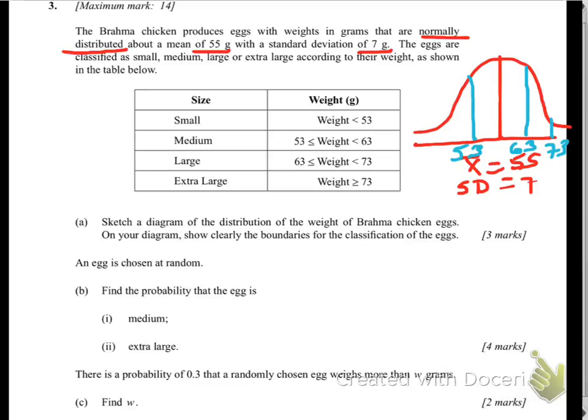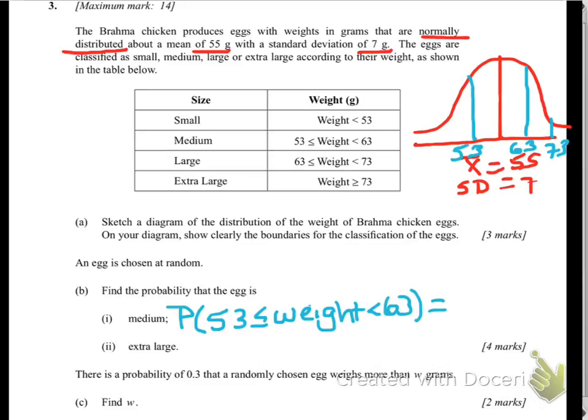Okay, now let's go down to B. They want us to find the probability that the egg is a medium. So I'm going to write my probability statement. Now it's really nice because they have the inequality written here for us. And medium is 53 is less than or equal to weight is less than 63.